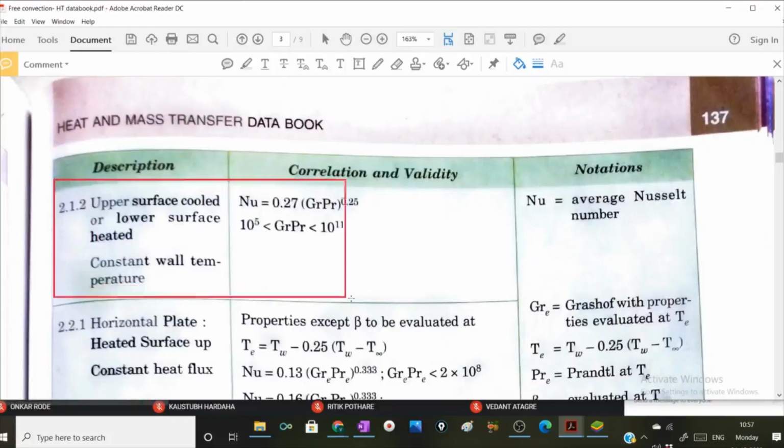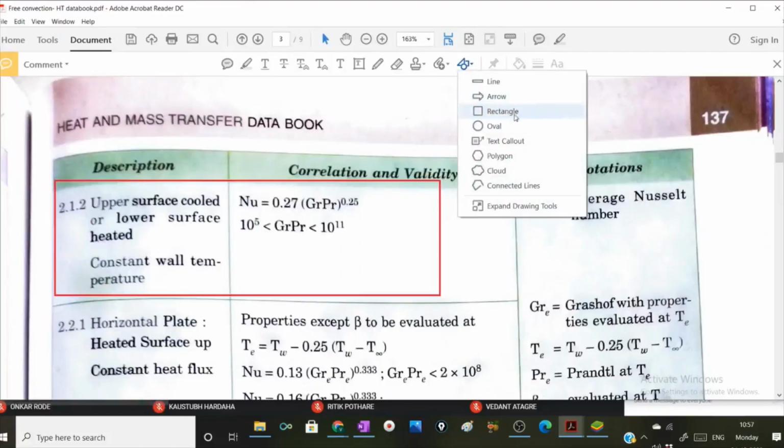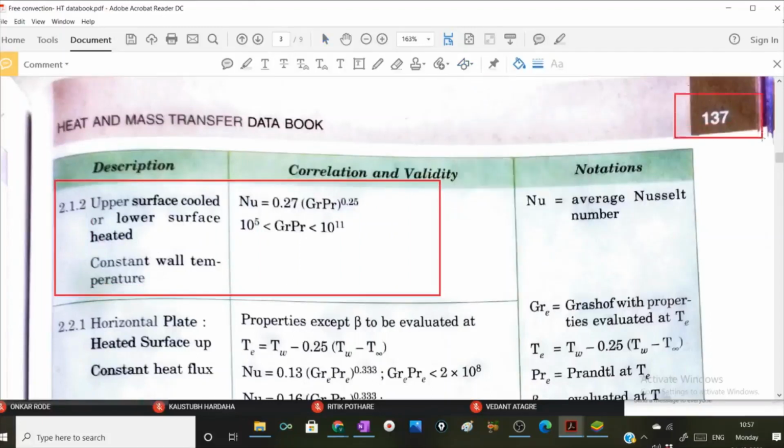So this formula will be applicable, and the page number is 137: 0.27 (GrPr) power 0.25, and our value of GrPr is also lying between this range.